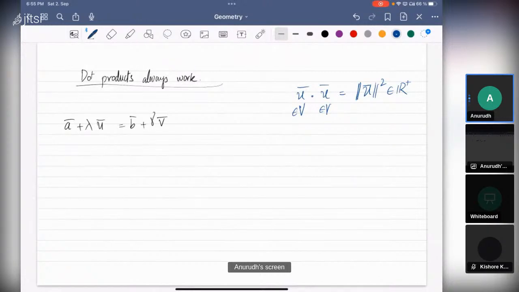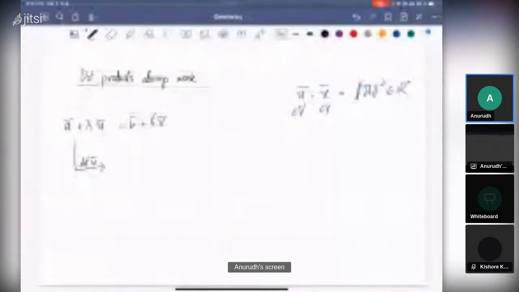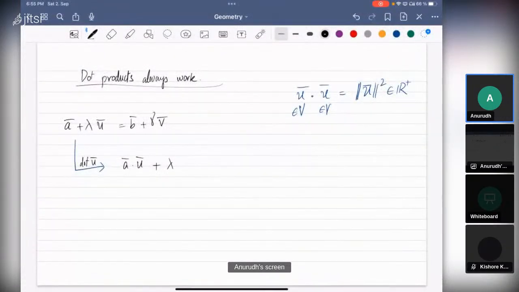So now I'm going to try to solve this set of equations using only dot products. So let's say I take the dot with u. So I get a dot u plus lambda u dot u equals b dot u plus gamma p dot u, right?